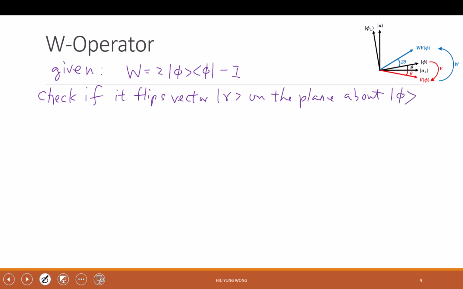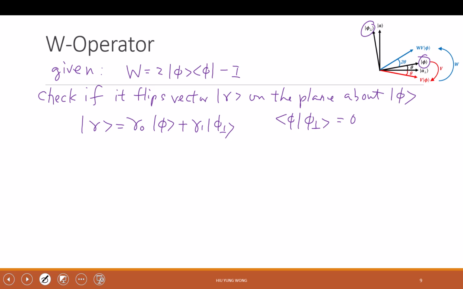I use the same method. Gamma on the plane can be written as gamma 0 phi plus gamma 1 phi perpendicular. We did not define what phi perpendicular is. But of course, I can always find a vector on this plane that is perpendicular to phi, such that phi inner product with phi perpendicular equals 0, right? And this is the vector that we've shown here.